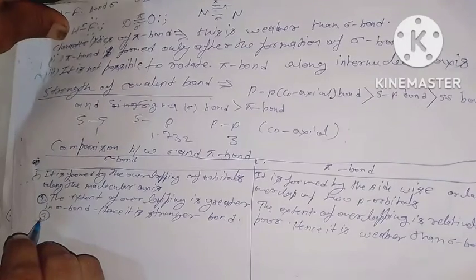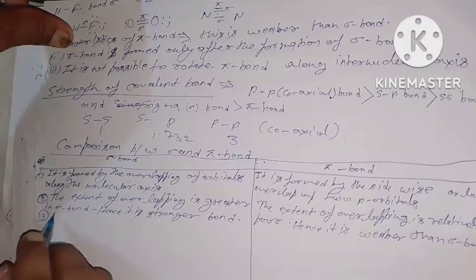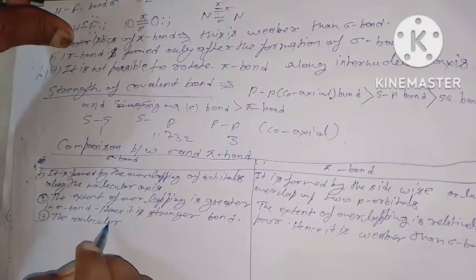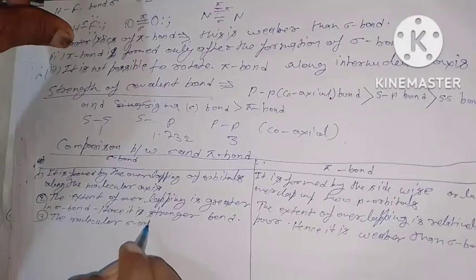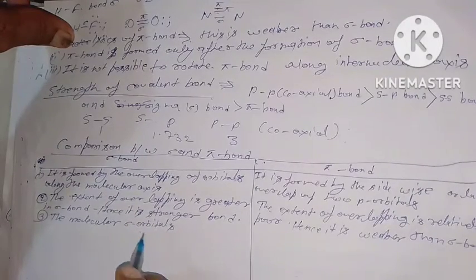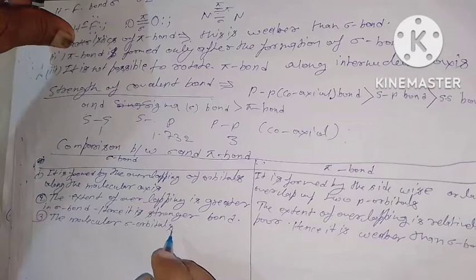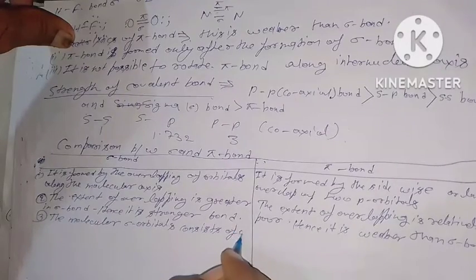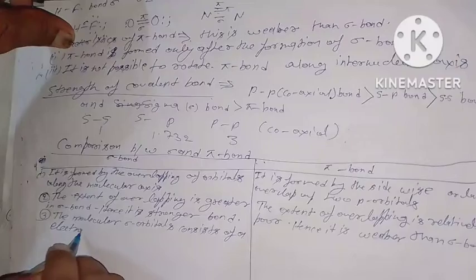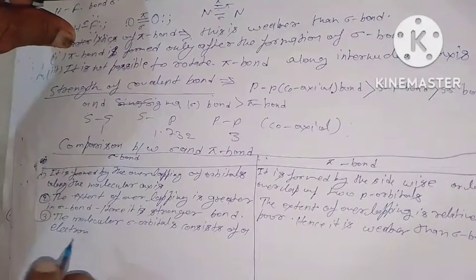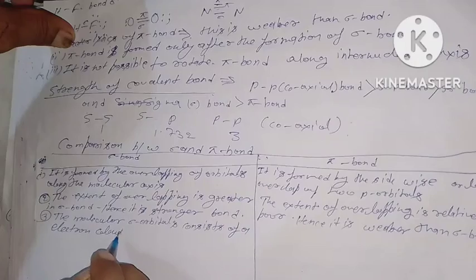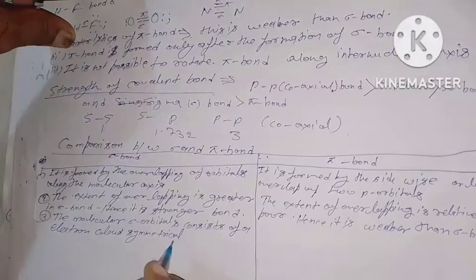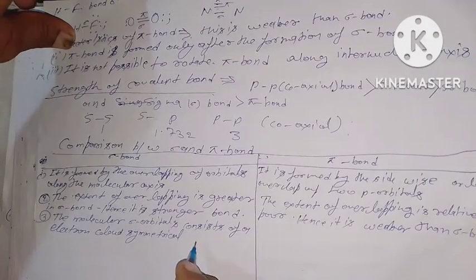Third point. The molecular sigma orbital consists of an electron cloud symmetrical along the bond length.